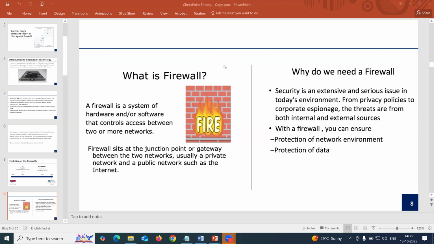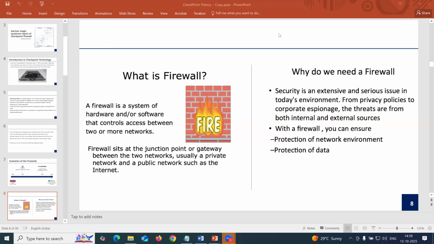See, first of all, you have to know the basics of firewall, because when you go for any interviews and all, they won't directly ask you, hey, tell me how do you configure a firewall? As a fresher, they won't ask you such things. They'll ask you what is a firewall, what is a zone, what is the architecture of a firewall, what is the packet flow of a firewall?